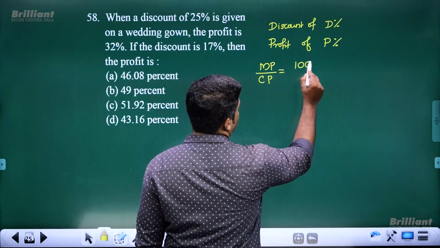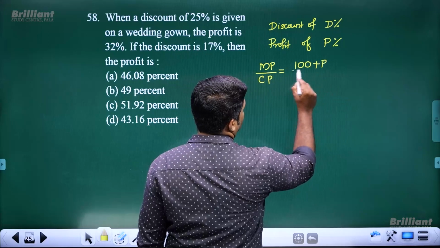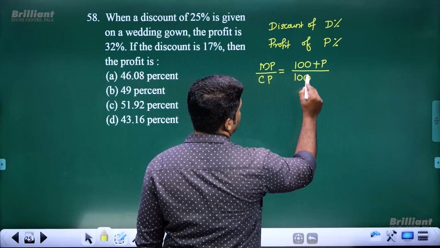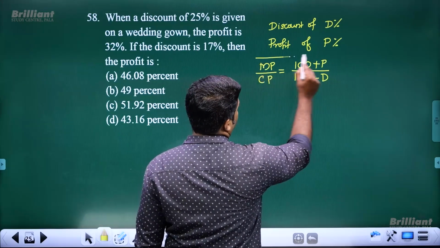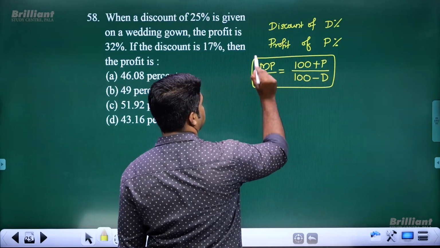This is 100 plus P and 100 minus D. It's a very important result.